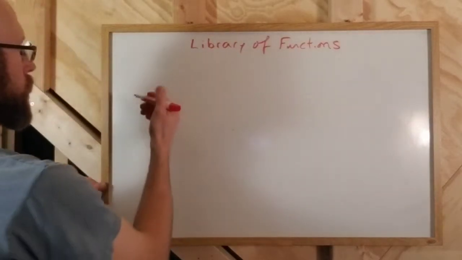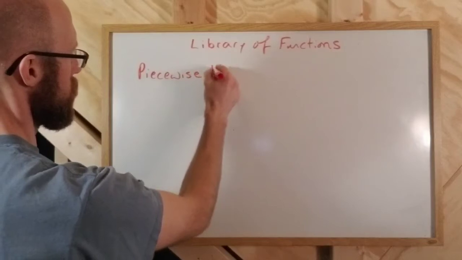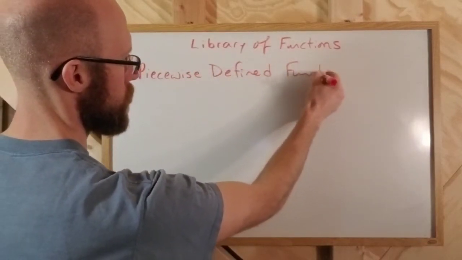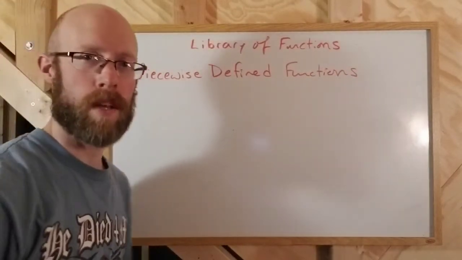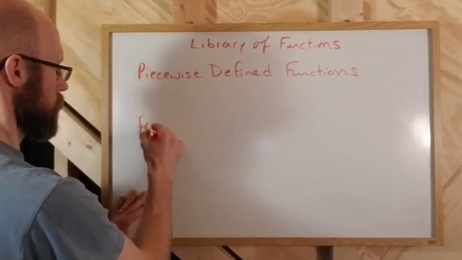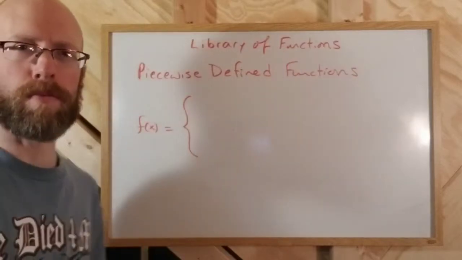So a piecewise defined function. Okay, so that's what we're going to be talking about for the next few minutes here. Basically, we can look at a function, and we always use a brace to represent a piecewise defined function.